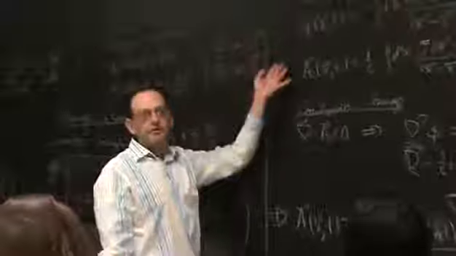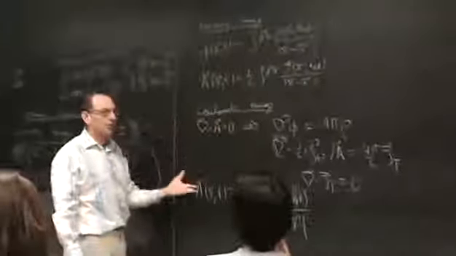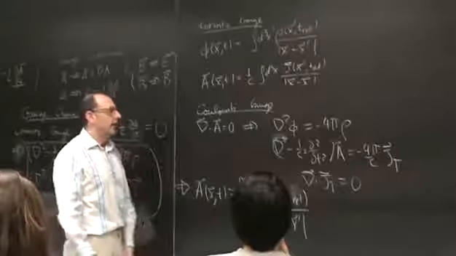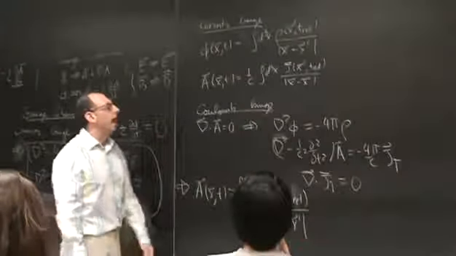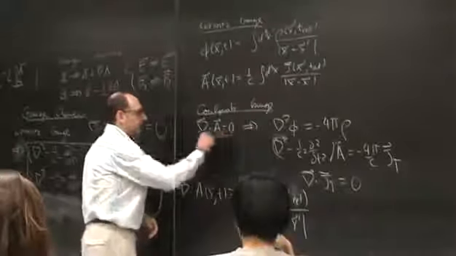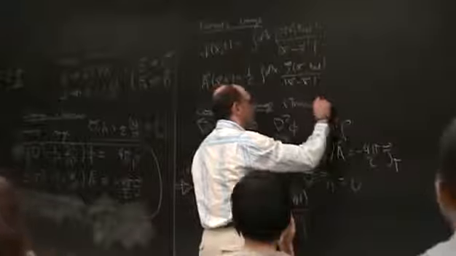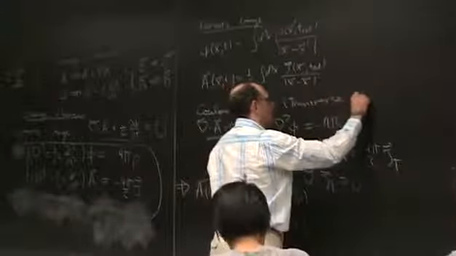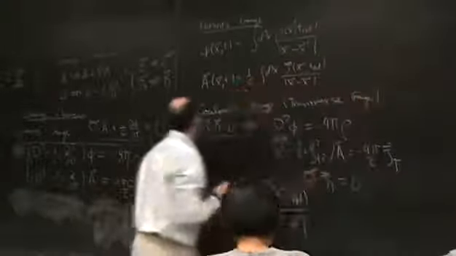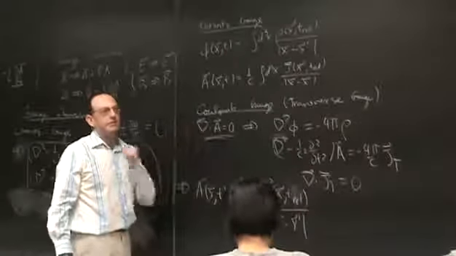We're going to use this, but I do want to mention that there is another choice of gauge that is often made, the so-called Coulomb gauge, sometimes known as the transverse gauge. It's called transverse because the vector potential is set to be a transverse field: its divergence is set to 0.